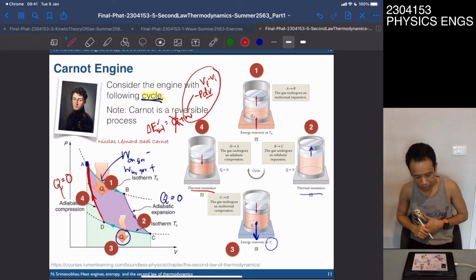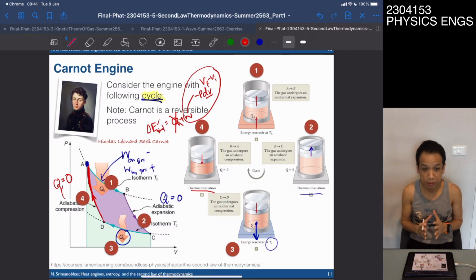So this is the overall Carnot engine process. Okay, so I don't want you to imagine that this is new. What we are trying to do is basically use the knowledge that we learned from the first law of thermodynamics to make a cyclic process. Okay, cycle.